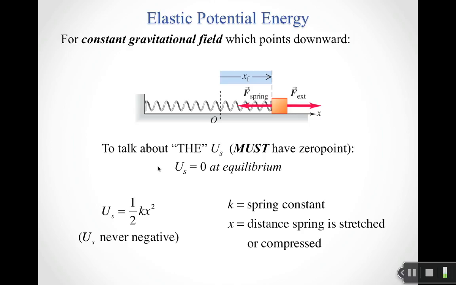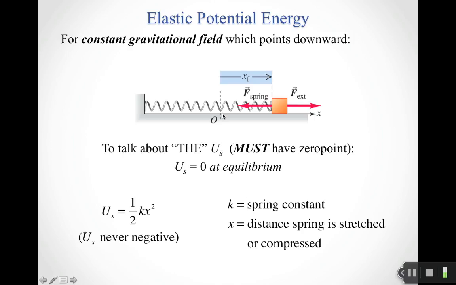And just like with gravitational potential energy, if you want to talk about the elastic potential energy, what you really mean is the elastic potential energy relative to the point where it equals 0. Now with our gravitational potential energy, we had a choice about where we were going to put the 0 point. With elastic potential energy, we're always going to pick the 0 point to be at equilibrium.